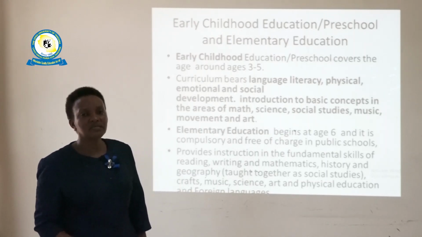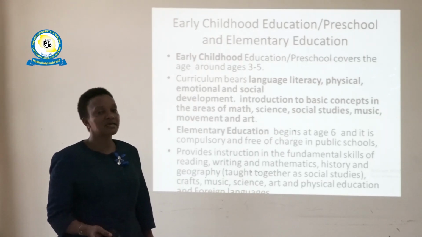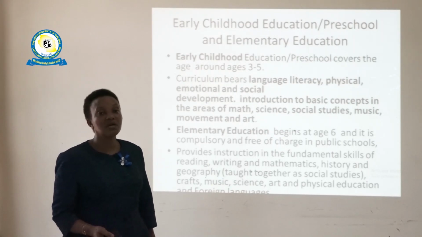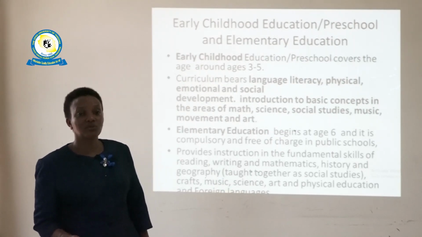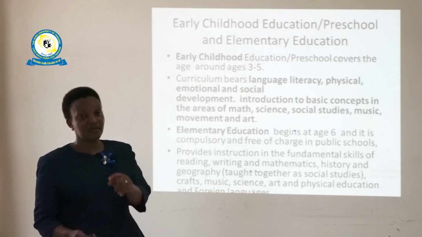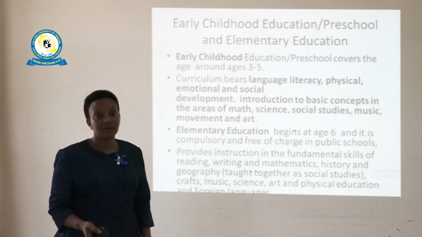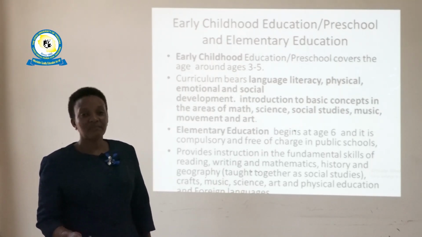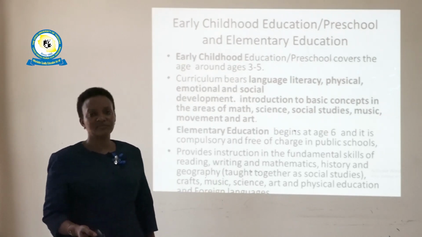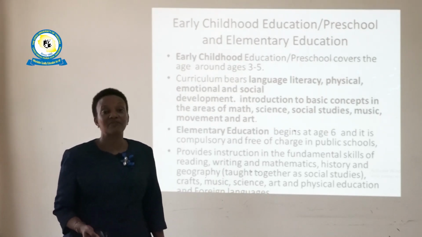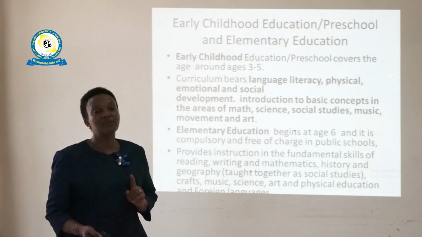Introduction to basic concepts in the areas of mathematics, science, and social studies, music, movement, and art is also part of the curriculum in the United States of America. The elementary education begins at the age of 6, and it is compulsory and free of charge in public schools.